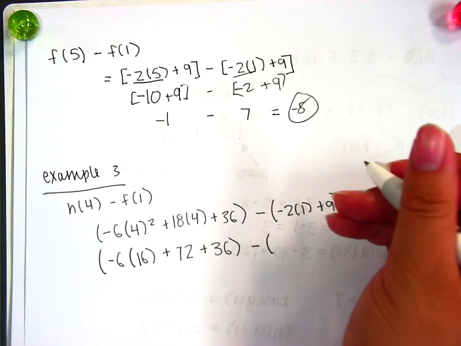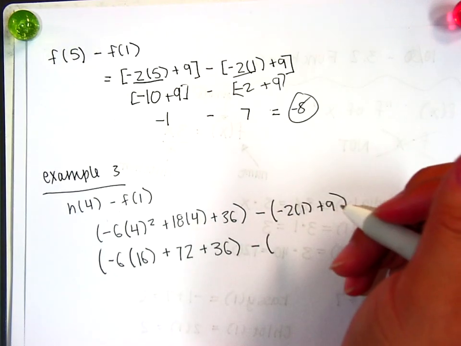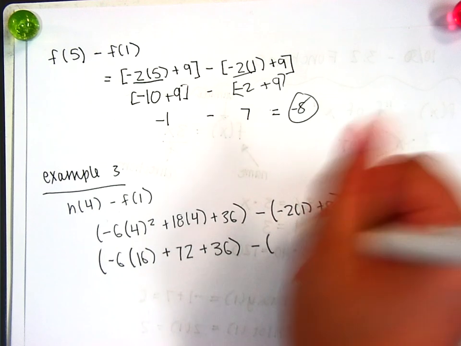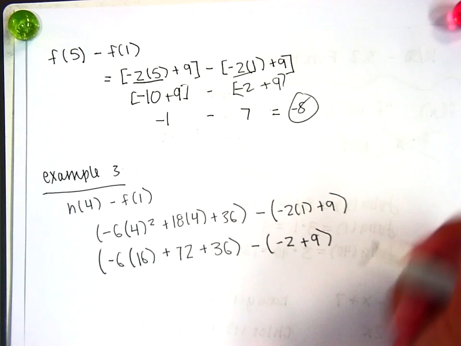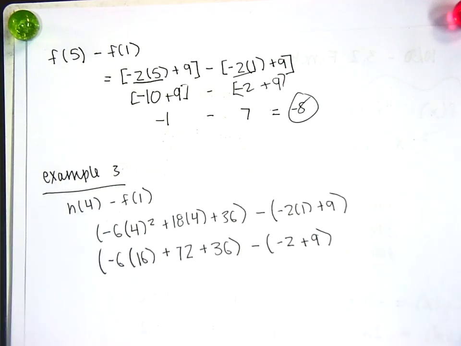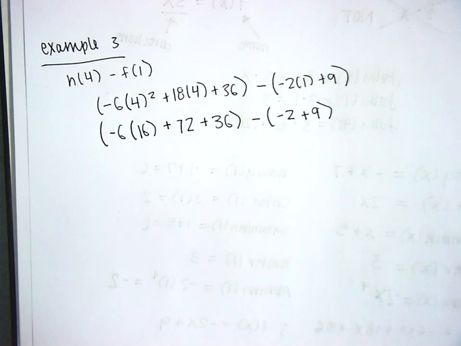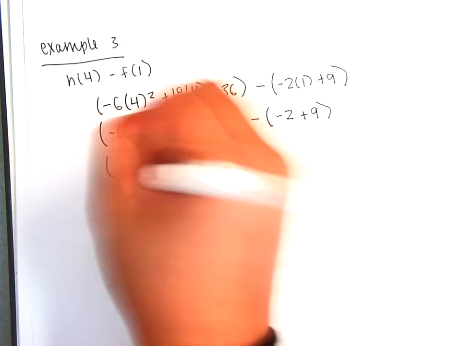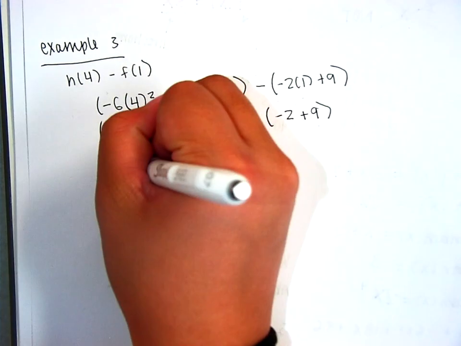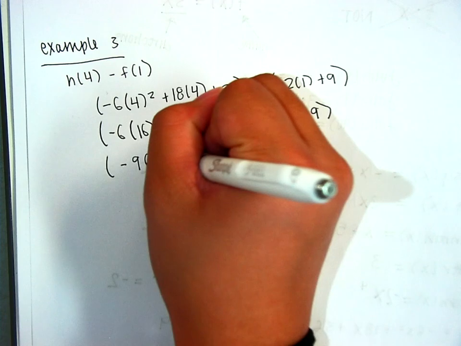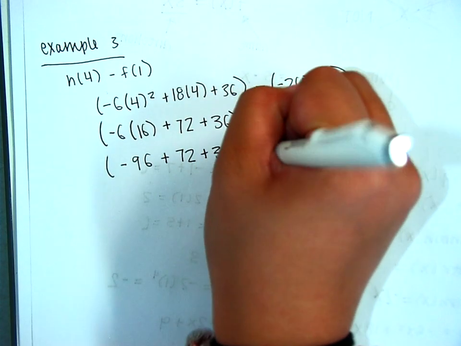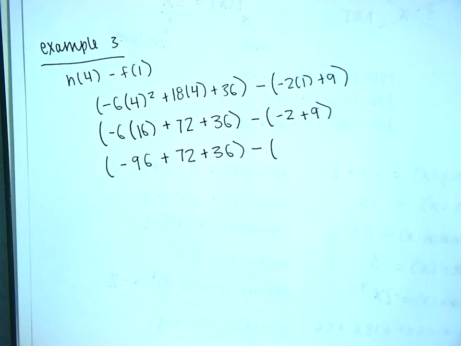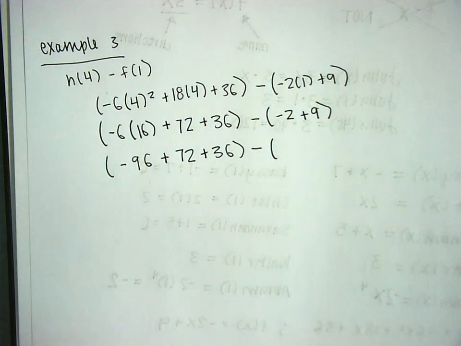Negative 2 times 1 plus 9. What is negative 6 times 16? Negative 96. Plus 72 plus 36 minus negative 2 plus 9. 7.